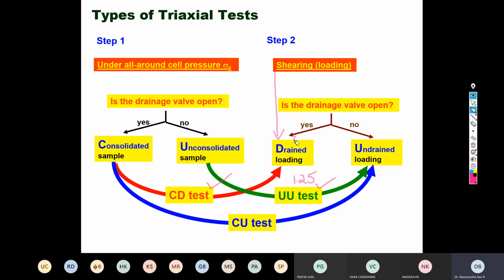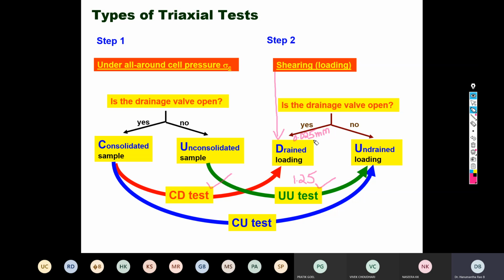Normally we apply a very low strain rate. I guess it is quite low, 0.025 millimeter per minute or something. Okay, so the strain rate is so low, it gives enough time for water to get expelled under that amount of load.